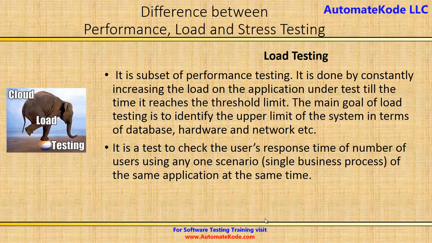Normally we do this with whatever concurrency is there. We continuously keep increasing until we see as much load as the system can handle, and generally we use a single scenario here. All of the users will be executing one scenario in load testing, right?